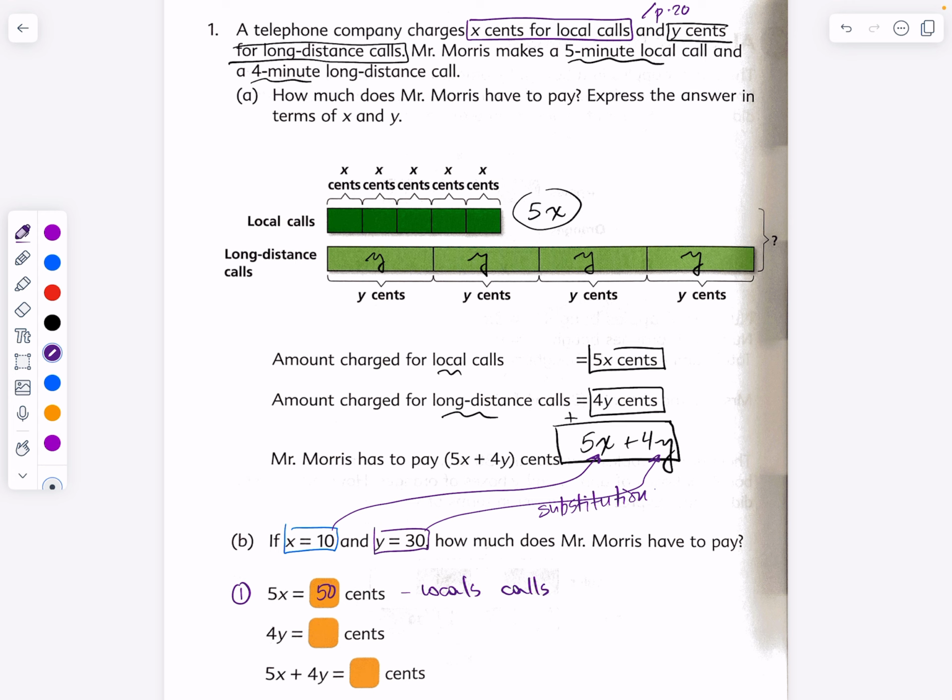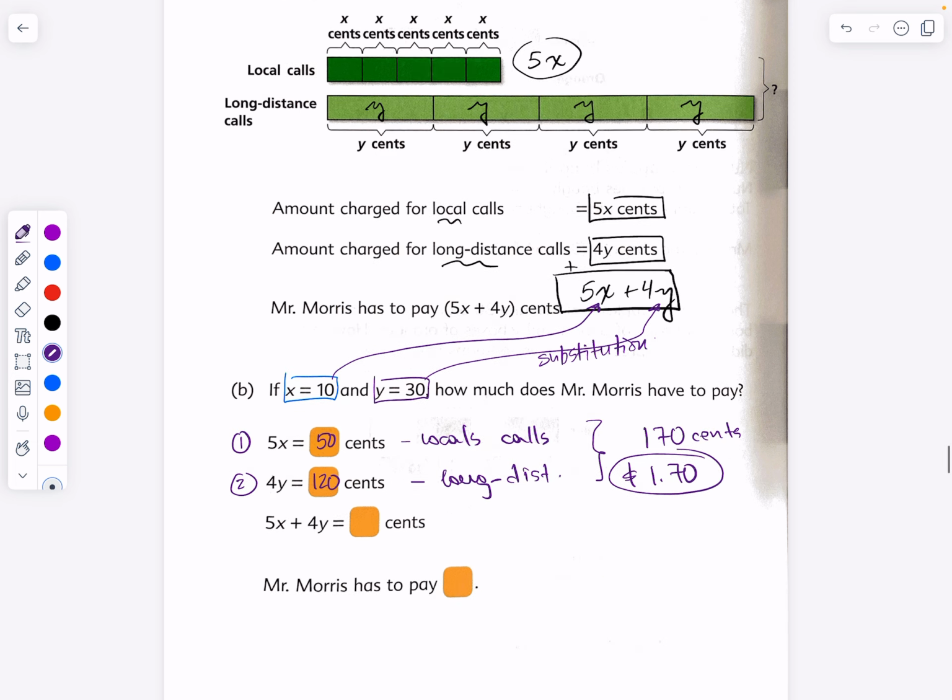And 4y, step 2: 4 times 30 is 120 cents. That's for long distance calls. And now when we want them together, how much did he have to pay? We have 170 cents altogether, which is the same as $1.70.